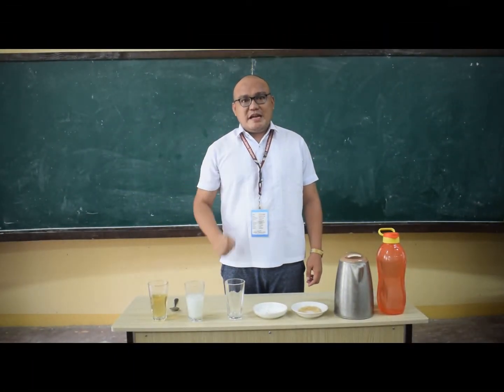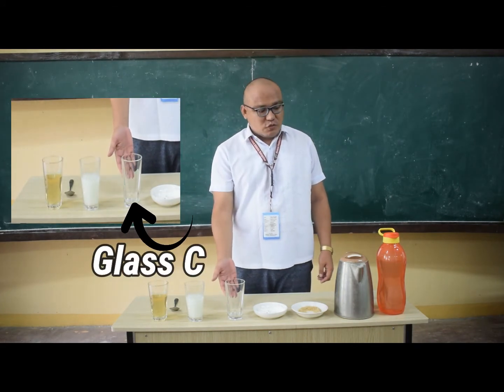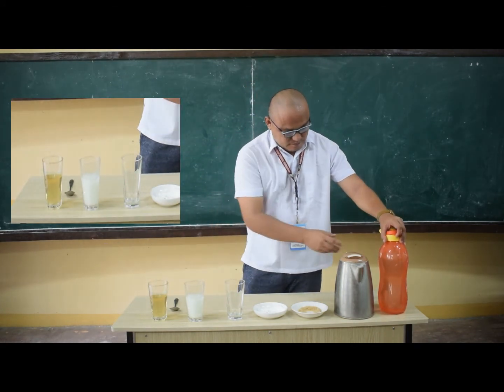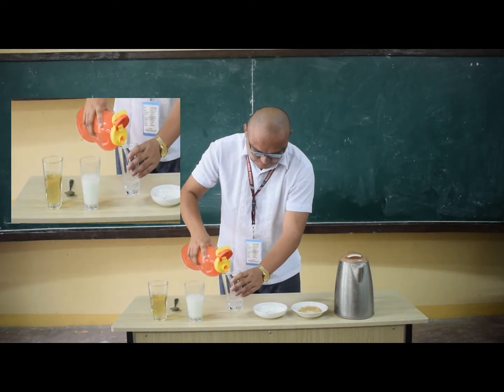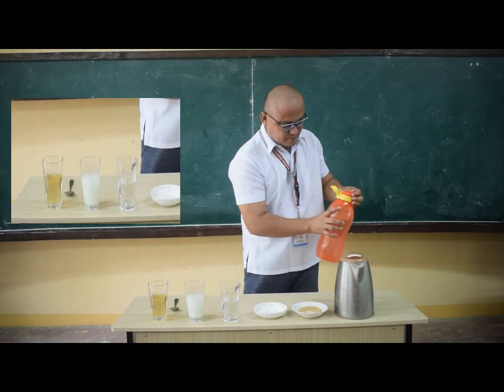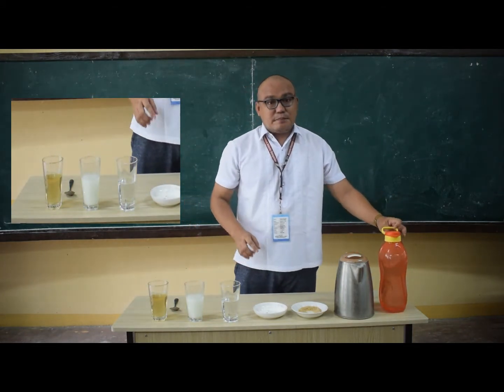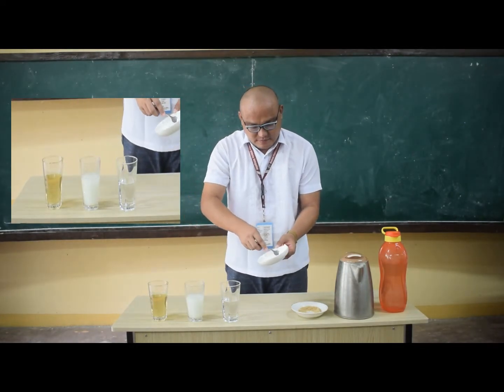Activity number 3, procedure. Glass C, add the cold water. Then put 1 spoon of uncooked gaw-gaw or cornstarch.